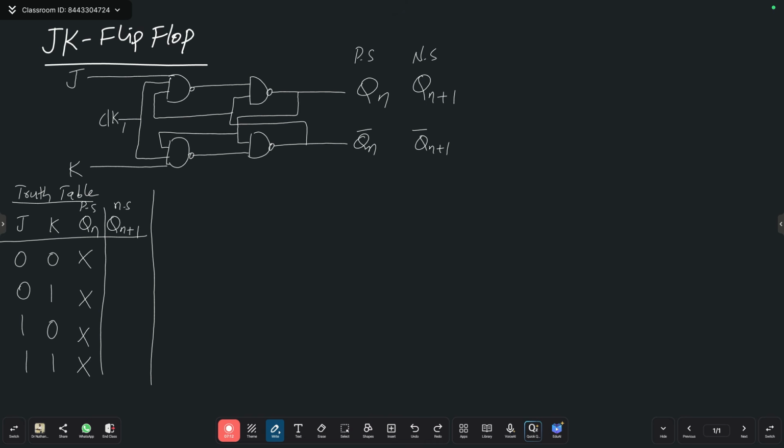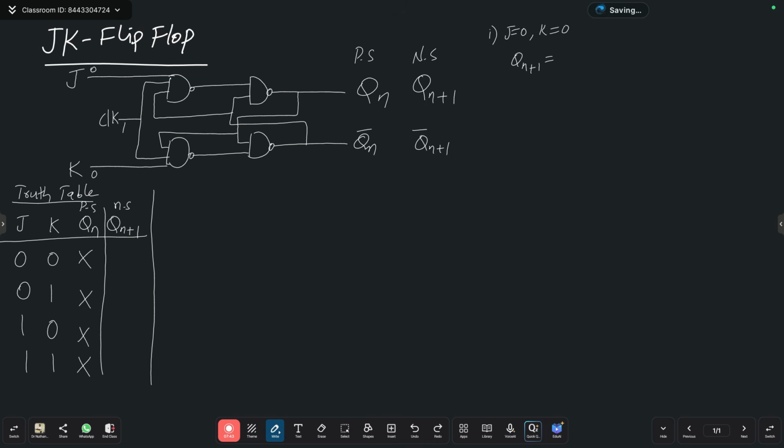Then you need to calculate the next state. Correct? How to calculate the next state? Tell me. The first case. J equals 0, K equals 0. So Qn plus 1 equals, what is the Qn plus 1? Now this is 0. In this case, this is 0.